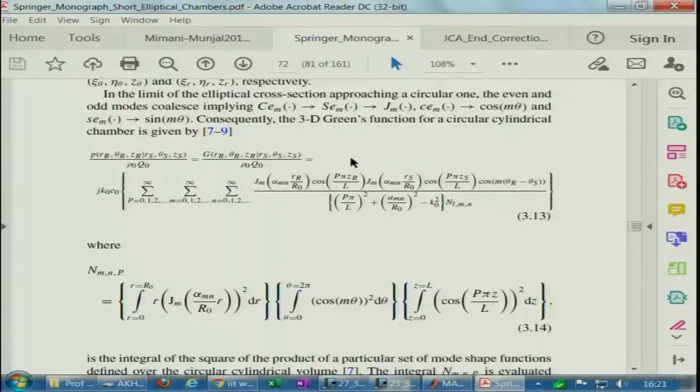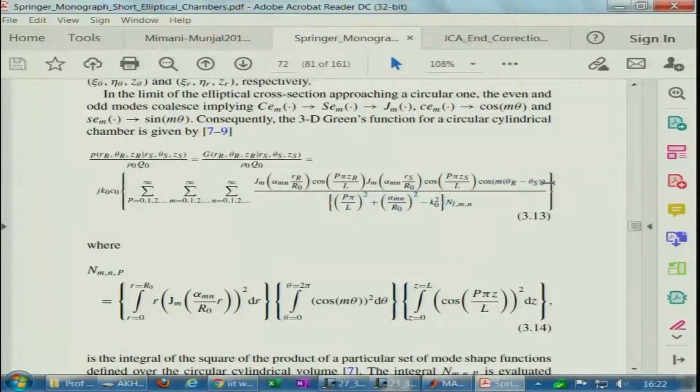Now, basically what we get is the Green's function, with response port and source port. Eventually, you will get things like cos m theta_r into cos m theta_s plus sine m theta_r into sine m theta_s, which can be combined into one trigonometric form.